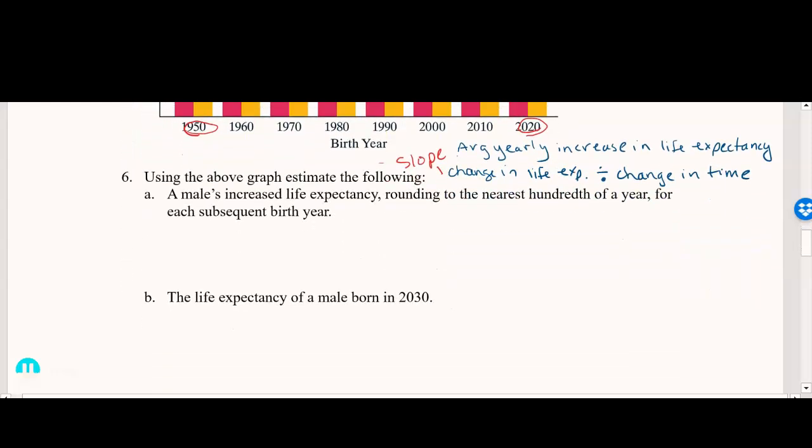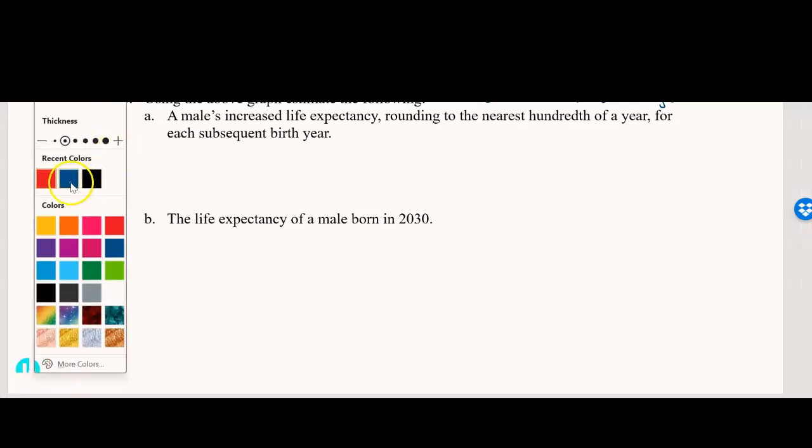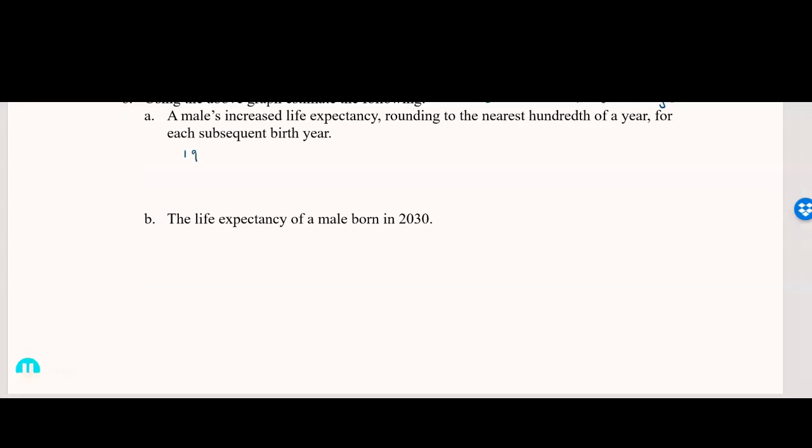All right, so keep that in mind because now I'm going to scroll down so we can write. You're not going to see the graph in my video, but we're going to write here. Let me just write down the 2 years. So we said we were looking at 1950, and that was 65.6 years. And then we're going to look at 2020, and that was 77.1 years, just taken from the chart.